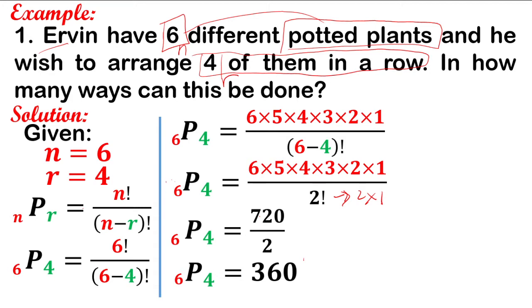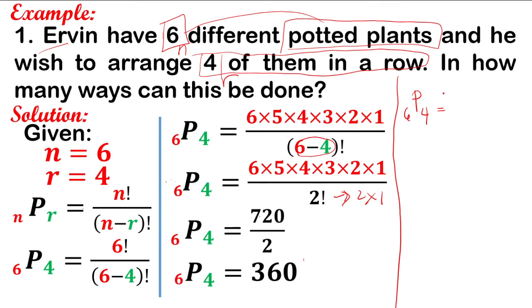Okay? There is another way. What is our other way? The permutation of 6 things taken 4 at a time is equal to, look at your denominator. Your denominator is 6 minus 4. Right? 6 minus 4 is 2.